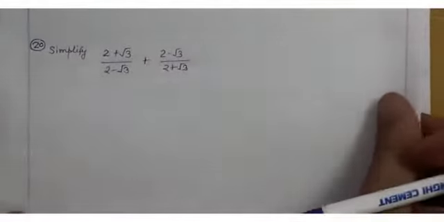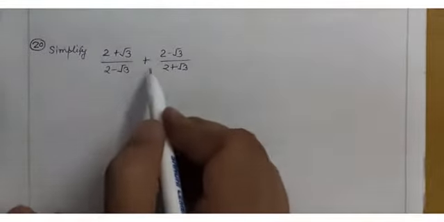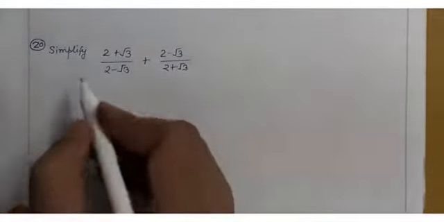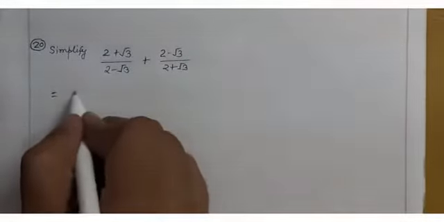Okay, come to the next question. See here, this is 2 plus root 3 upon 2 minus root 3, plus 2 minus root 3 upon 2 plus root 3. Then what to do? Same thing, rationalizing factor, then rationalization.